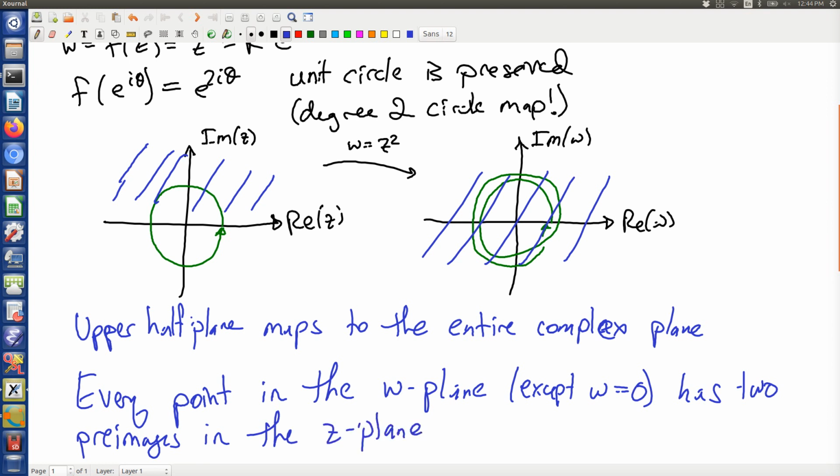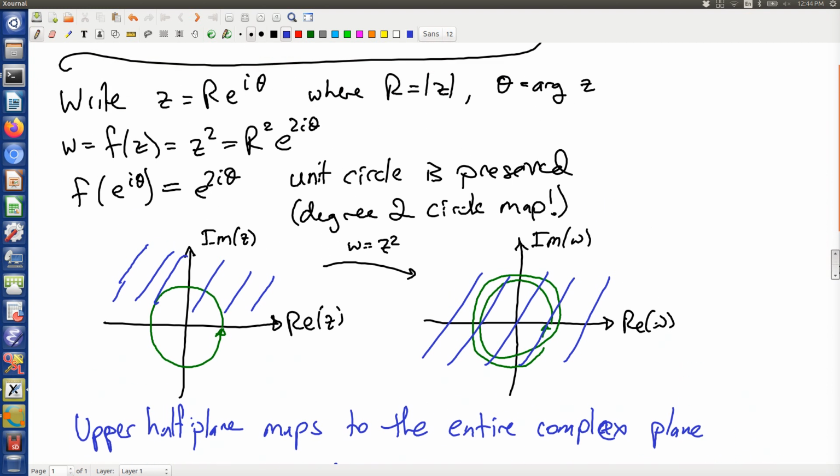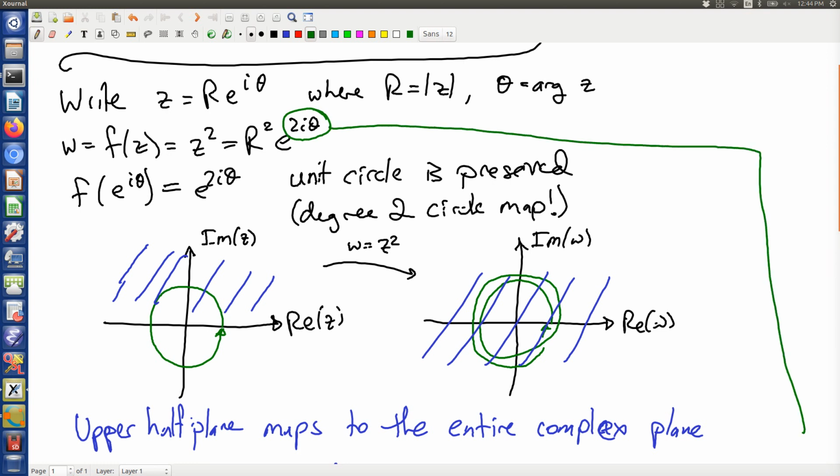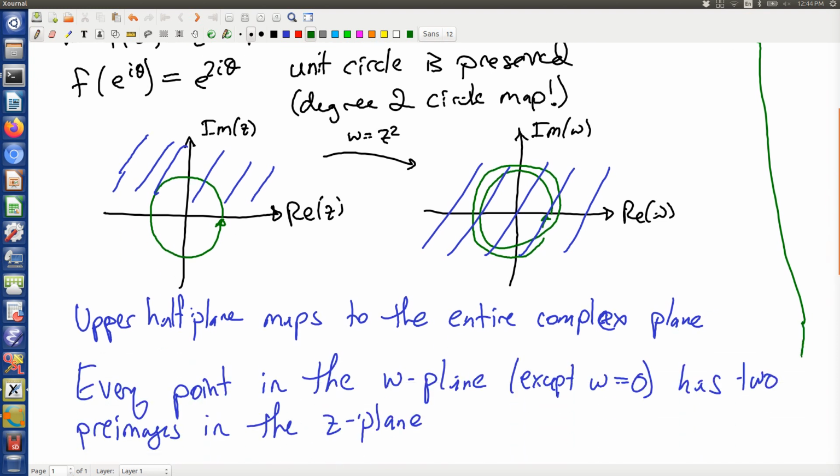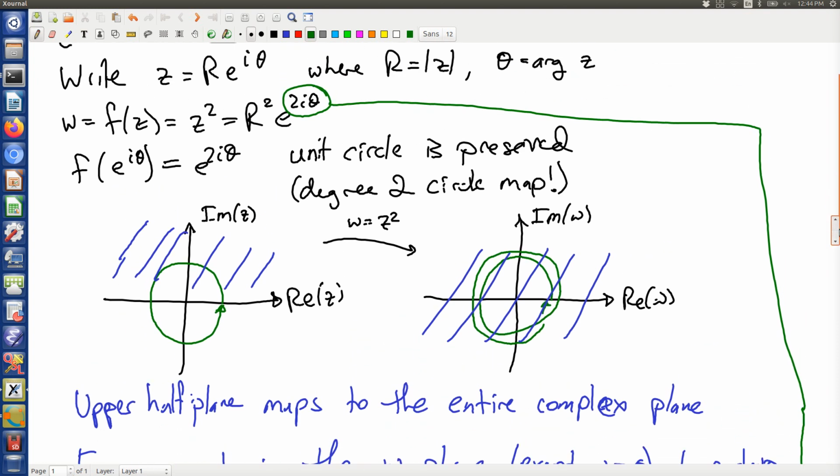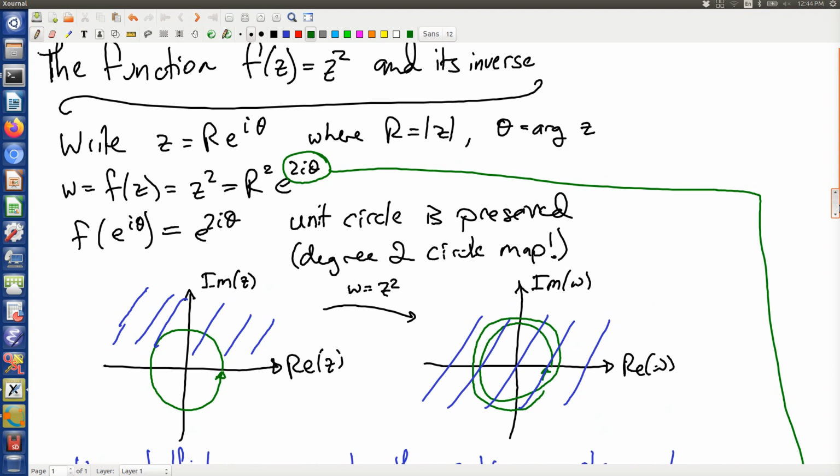Why is that? Well, the reason for that is because of this. The cause of that phenomenon is the fact that my angles get wrapped around twice.